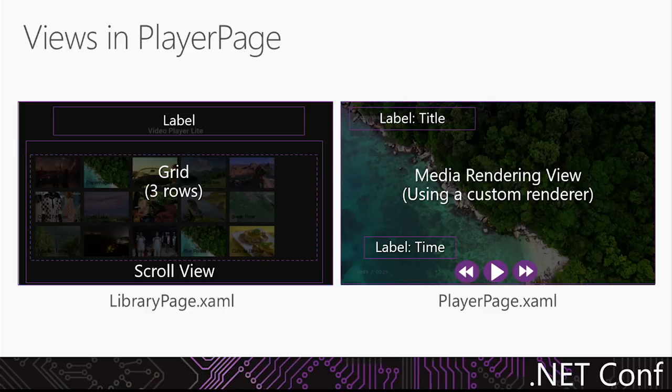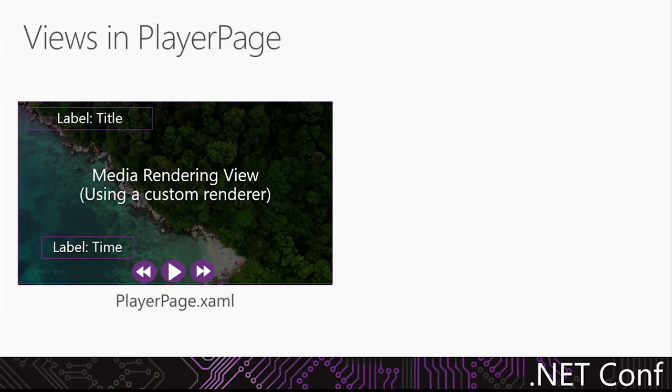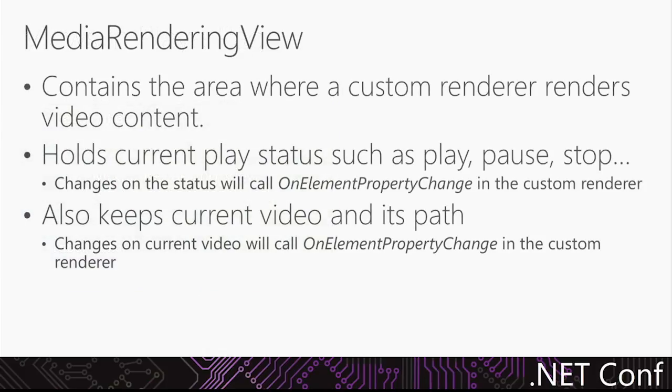So here's play view. Play view is hosting a media rendering view, which will use custom renderers. Media rendering view is where a custom renderer renders video contents, holds current play status, and also keeps the current video and its path.